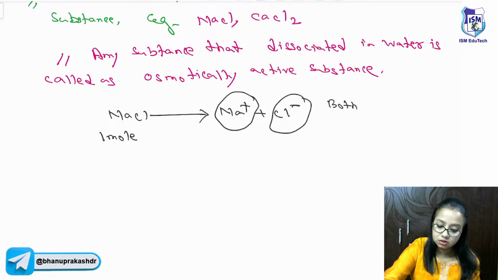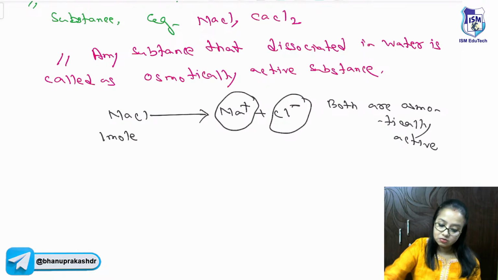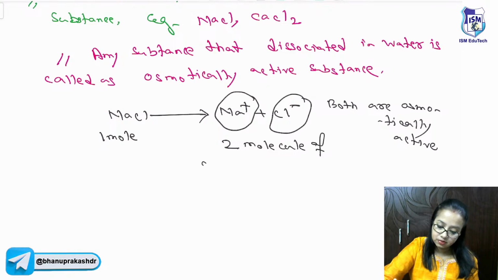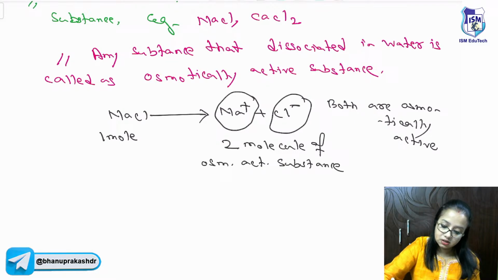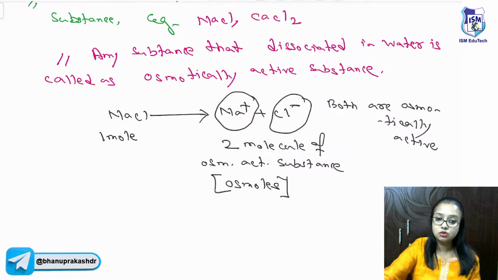So from one molecule of NaCl, we get two molecules of osmotically active substance, which we call osmoles, the unit.